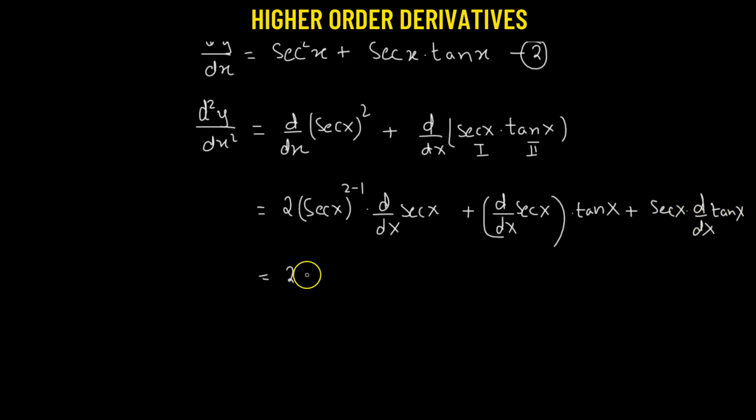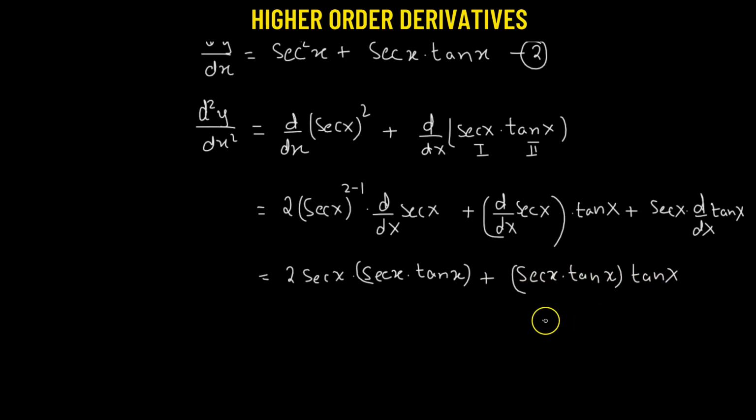This will be equal to 2 times secant of x, times the derivative of the secant function, so that's secant of x multiplied by tangent of x, plus the derivative of the secant function, so you have secant of x times tangent of x multiplied by tangent of x, plus secant of x times the derivative of the tangent function, which is secant squared x.